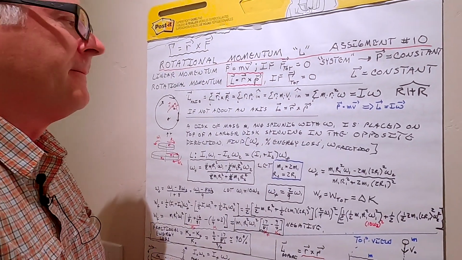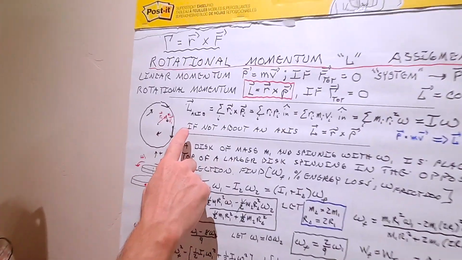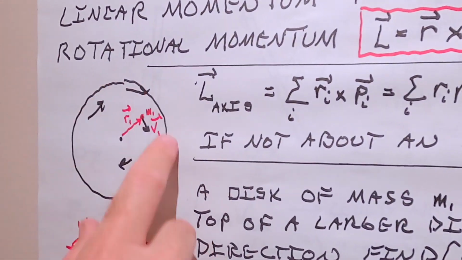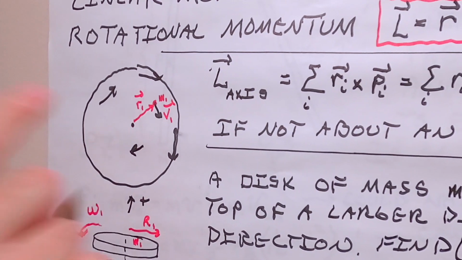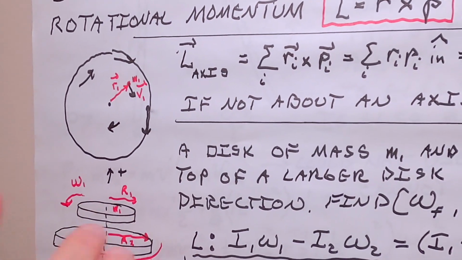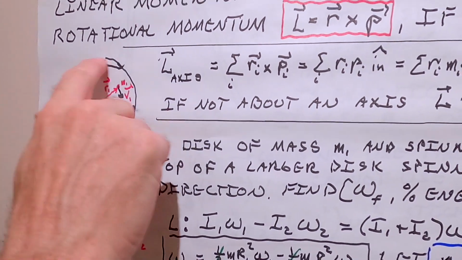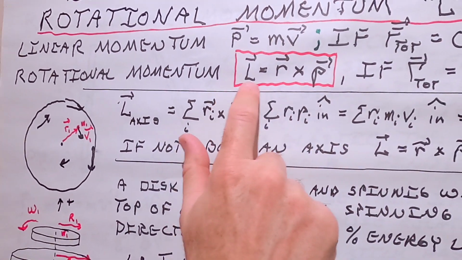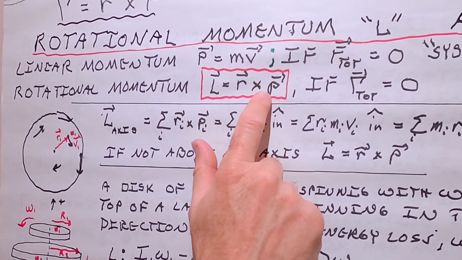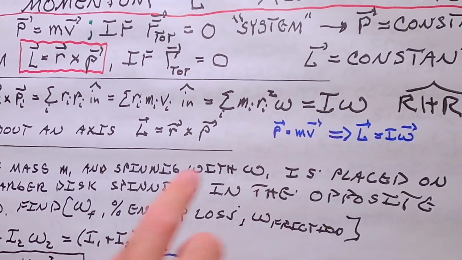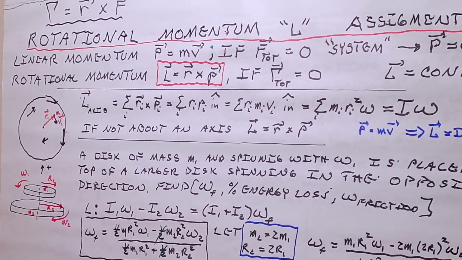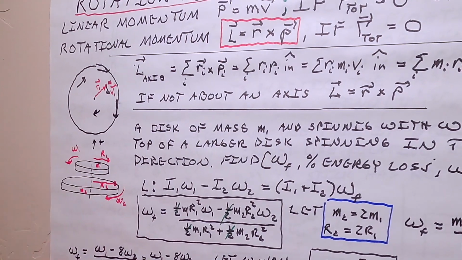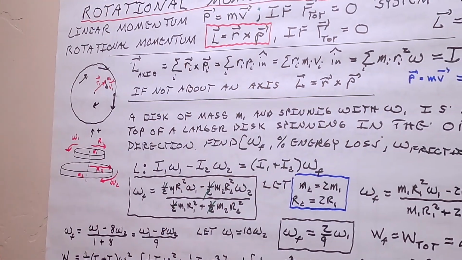Okay, and we have to take this about an axle, and just like with torques, it's about a point. Now, if the object's not rotating in a circle, then you're going to have to come back to the general definition. This is only true if it's just a spinning object, but you can have angular momentum without spinning, as we'll see.